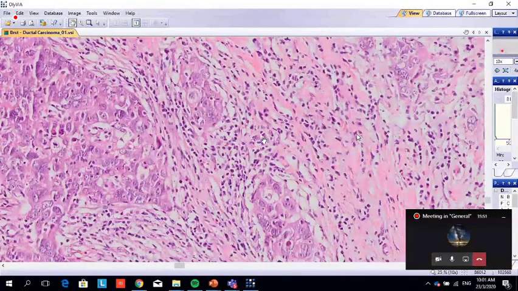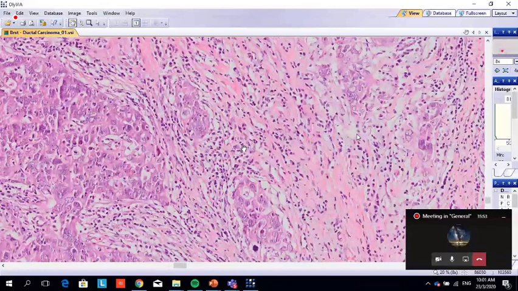We call this desmoplastic reaction against the tumor, because when a tumor invades the underlying tissue, it is like a foreign body, so the immune system reacts and also tries to invade the tumor. So we call this desmoplastic reaction against tumor.